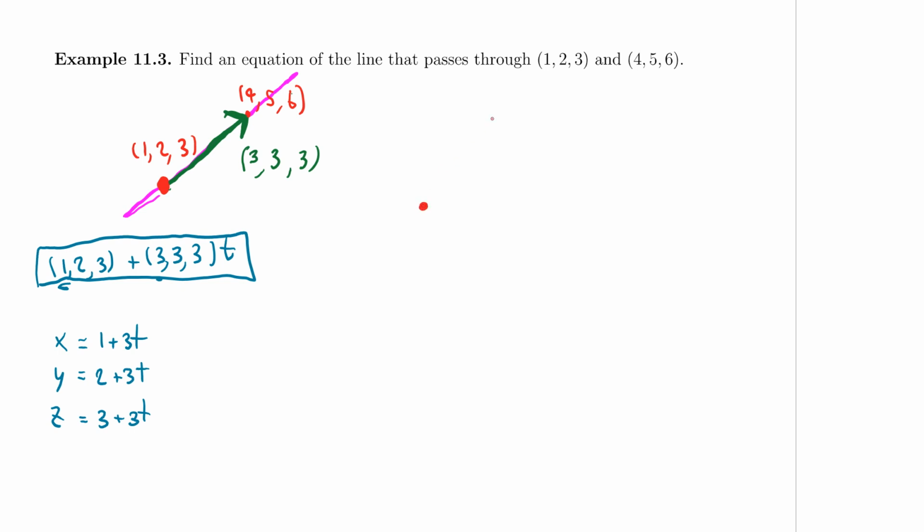Okay. Now let me also show you a few other ways that we can achieve the same thing. How about if I think of this line as starting off at the point 4, 5, 6, and the direction of my vector is in the opposite direction. So I'm looking for a line that passes through 4, 5, 6 and is parallel to my green vector here.